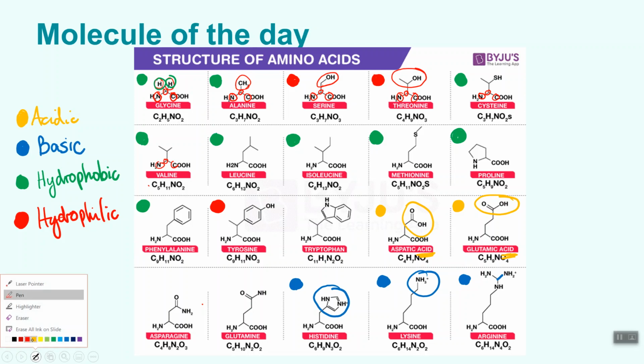The next one is kind of hydrophobic, but at the same time, it's also a bit basic. So I'm going to also put in the blue one, and it's okay that it's both. It doesn't really matter. So these ones are polar for sure because they have oxygens in them.